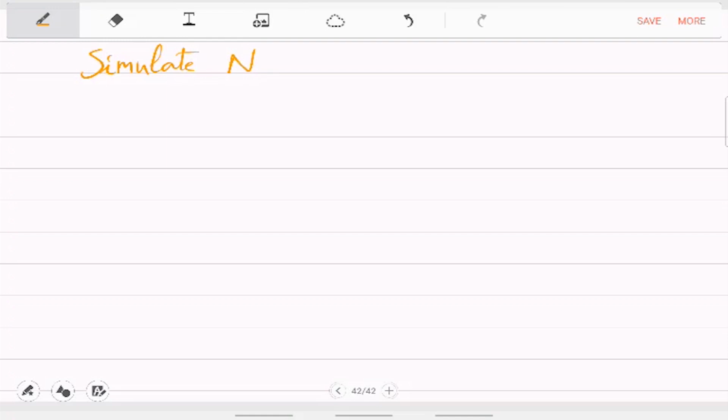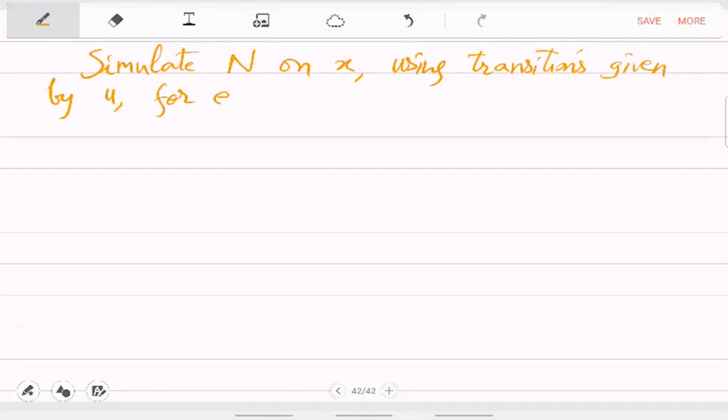So, simulate N on X using the transition given by U for each step. N will require this information, what choice to make, because it is an NDTM.